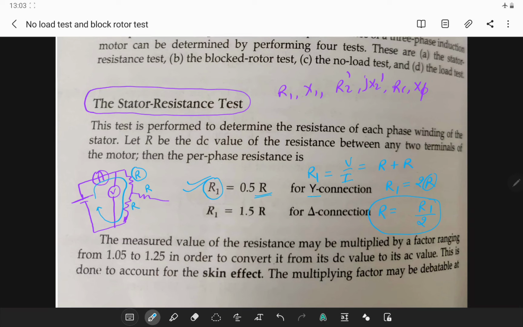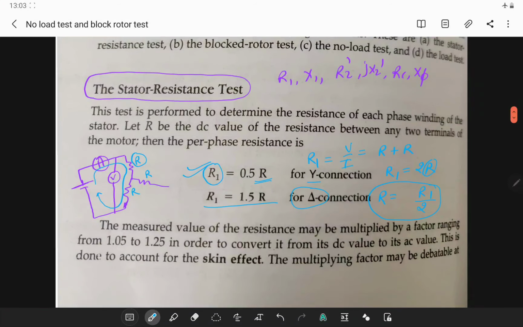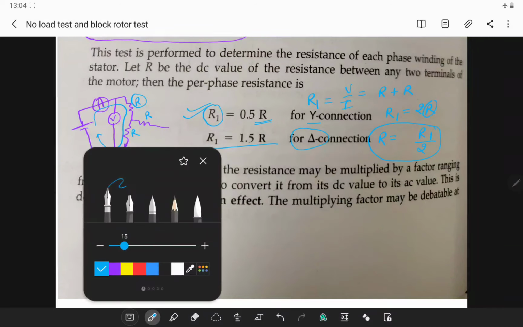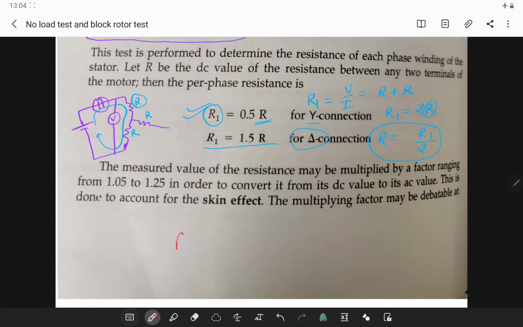For star connection we will do like this, and if the connection is delta, then you will connect the winding in delta and then apply voltage by current. You will automatically get R1 is 1.5 R. You all know, due to skin effect we take one assumption that RAC will be equal to 1.25 times RDC that we have measured.